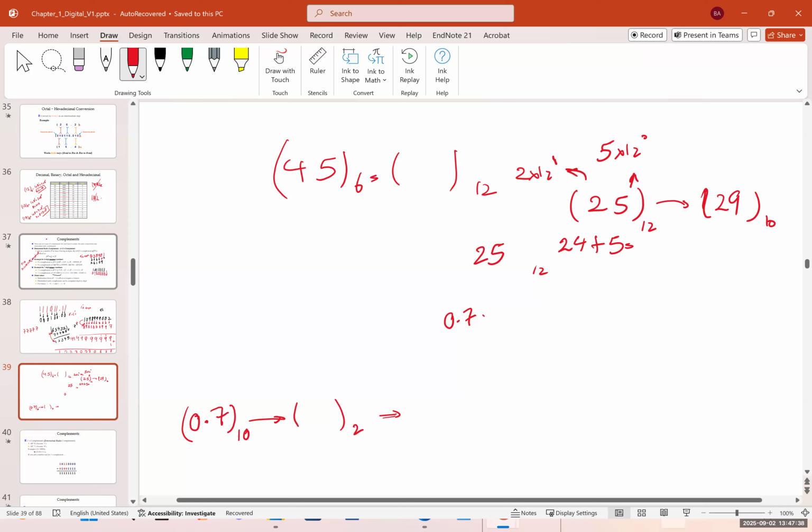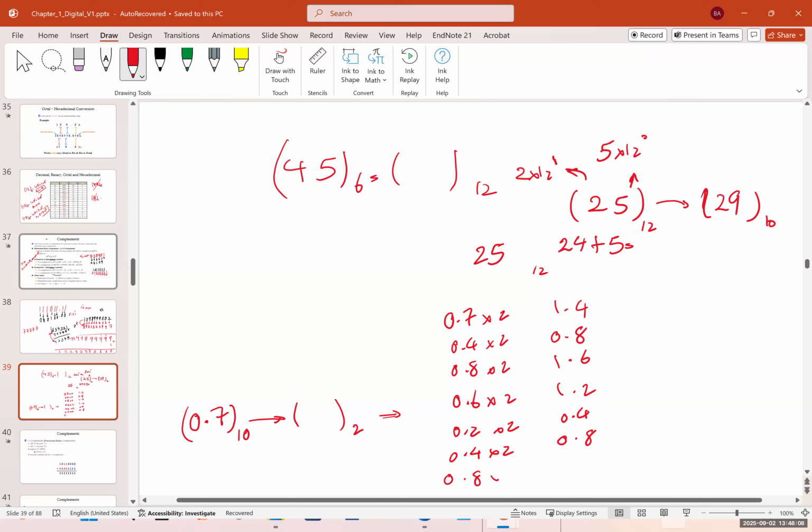So 0.7 times 2 is going to be what? 1.4. 0.4 times 2 is going to be what? 0.8. 0.8 times 2 is going to be equal to what? 1.6. Am I correct? 0.6 times 2 is going to be equal to 1.2. 0.2 times 2 is going to be equal to what? 0.4. 0.4 times 2 is 0.8. 0.8 times 2 is 1.6.